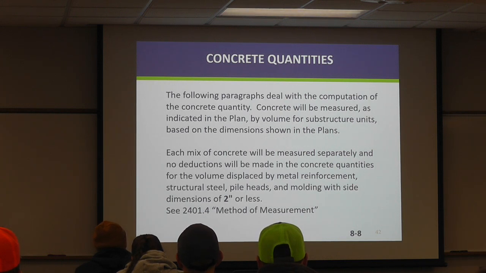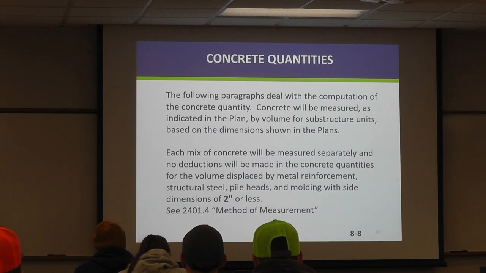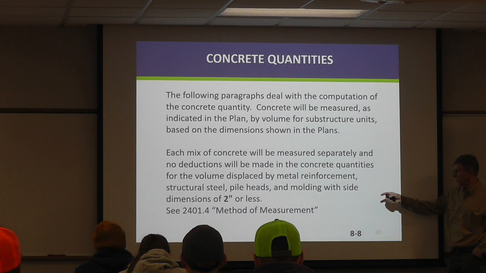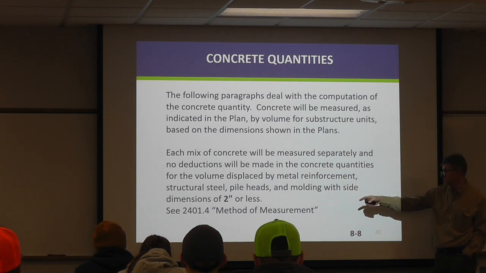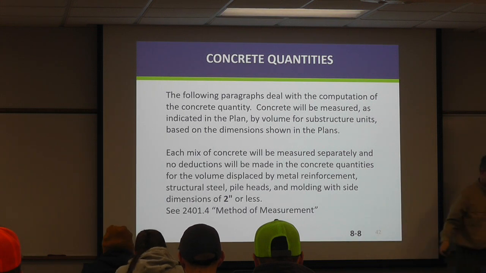Oftentimes, our concrete items will be a P quantity, meaning you don't have to do detailed calculations, but we need to do enough to make sure we're at least in the ballpark.